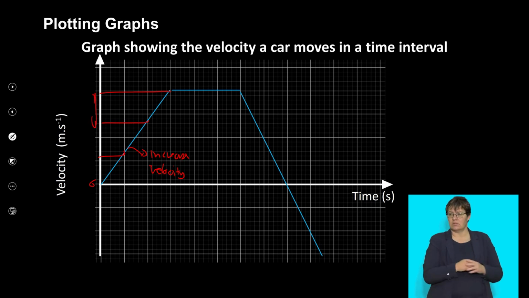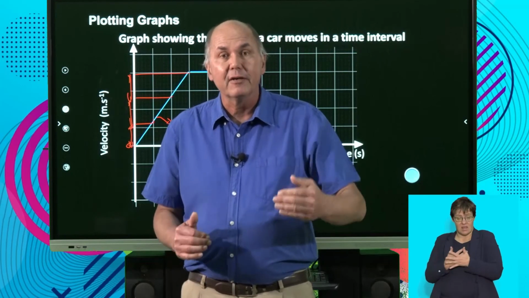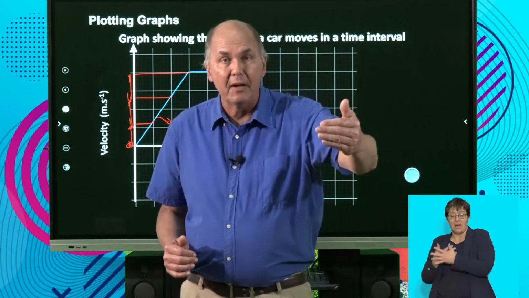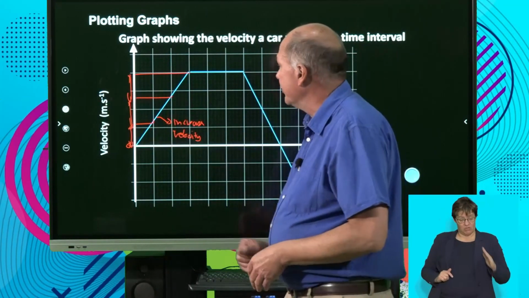But notice that these are the same sort of increases. So it's a constant increase. So it's not just getting faster and faster, it's getting faster and faster by the same amount. That's what this straight line indicates. Very important to see that.